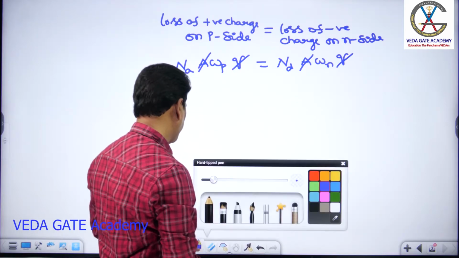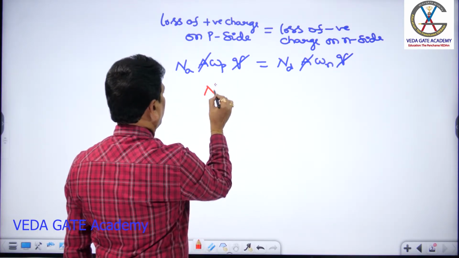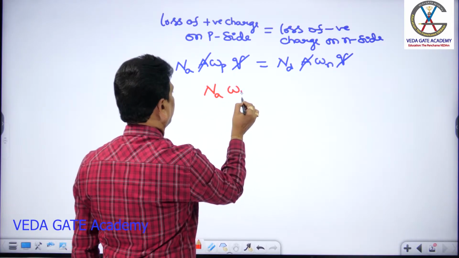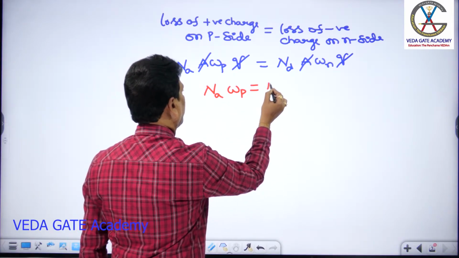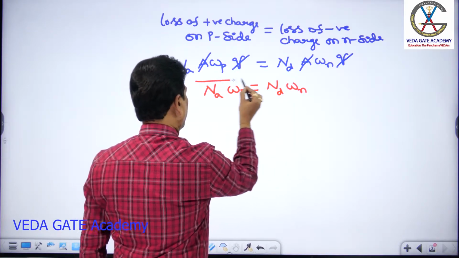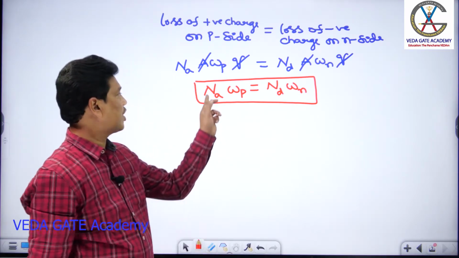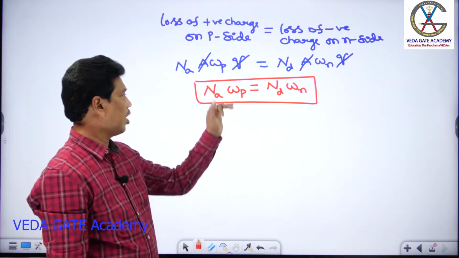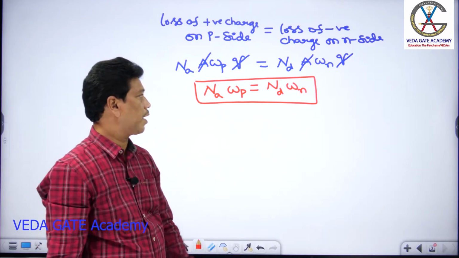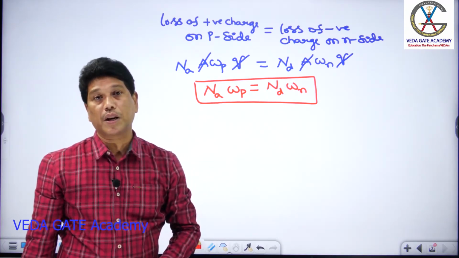What you find is NA into WP equal to ND into WN. This is the most useful condition in the case of a PN junction, where NA stands for acceptor density on P side, WP stands for width of the barrier on P side, ND stands for donor density on N side, WN stands for width of the barrier on N side.